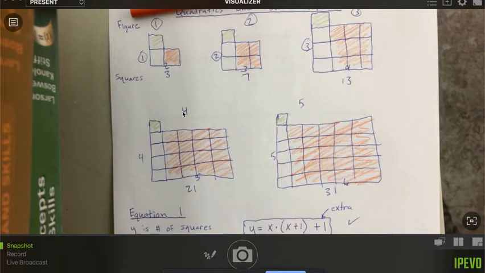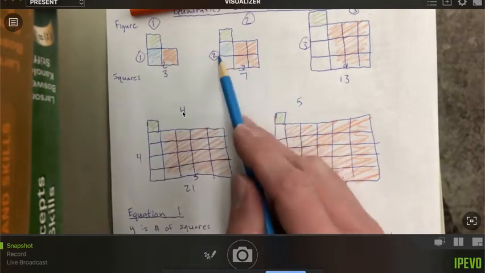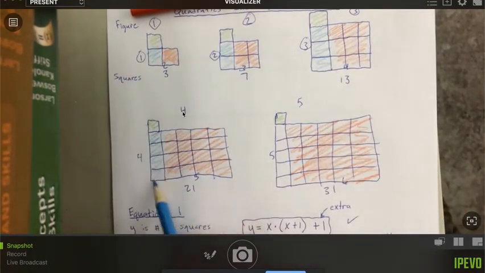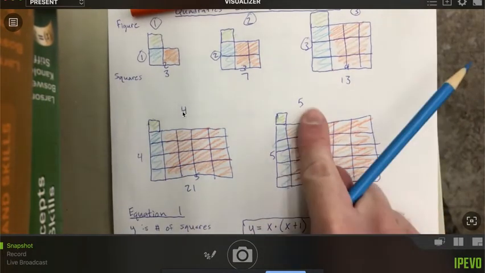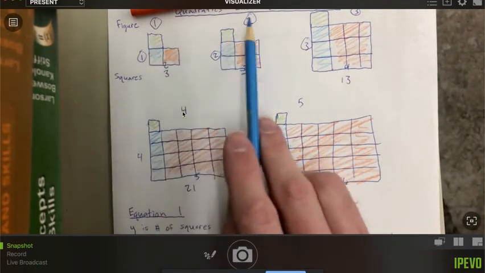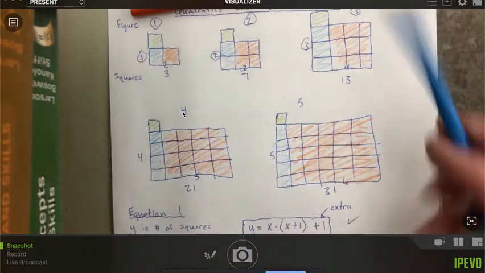So maybe you see it. Notice how there is 1 left over in the first figure. There is 2 left over, 3 left over, 4 left over, and 5 left over. In other words, the amount left over is the same as the figure number. So 1, 2, 3, 4, and so on.